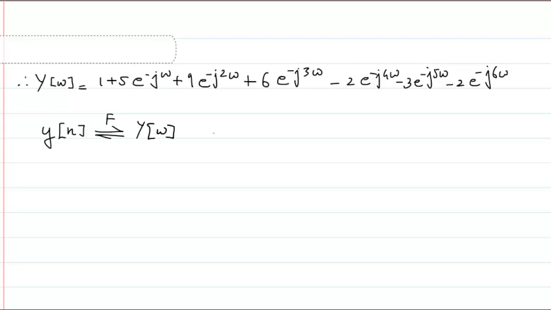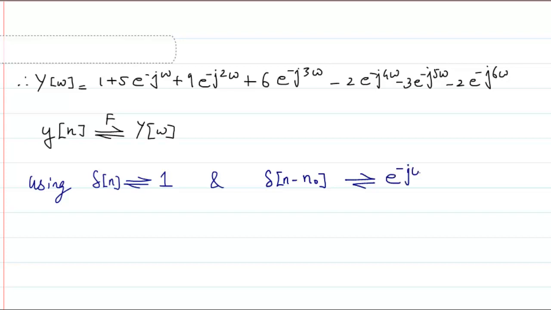To take the Fourier inverse, I have to just take the individual terms, using two facts: delta n gives me a Fourier transform or DTFT of 1, and delta n minus n naught, which is basically time shifting, is going to give me a Fourier transform of e raised to power minus j omega n naught into 1.